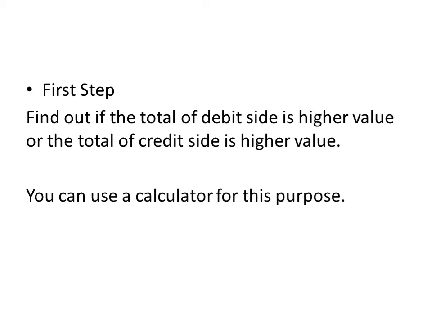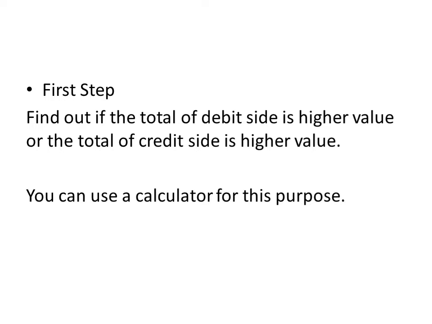Now we start our balancing steps, and the first step is that we have to find out whether the total of the debit column is the higher value or the total of the credit column is the higher value. We can make this decision by looking at the account, or else we can use a calculator.